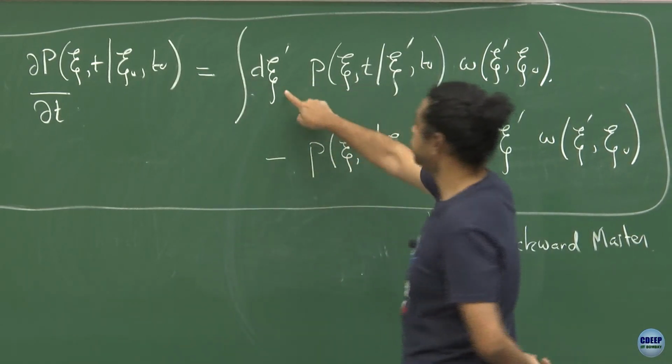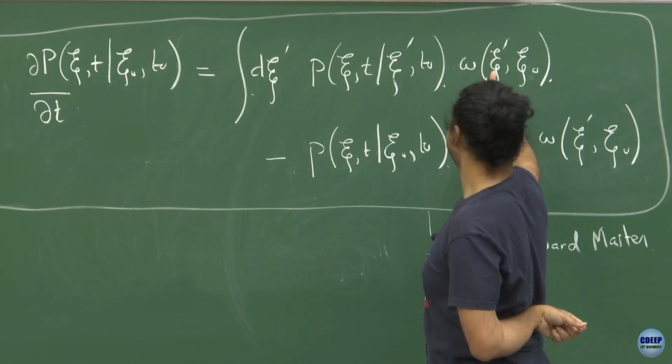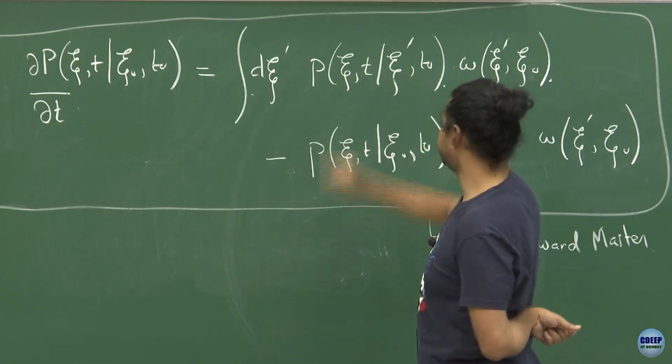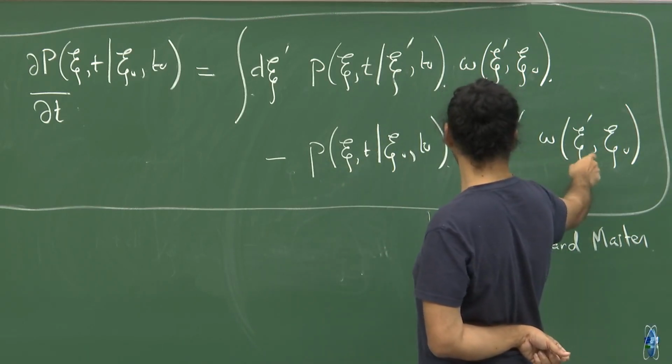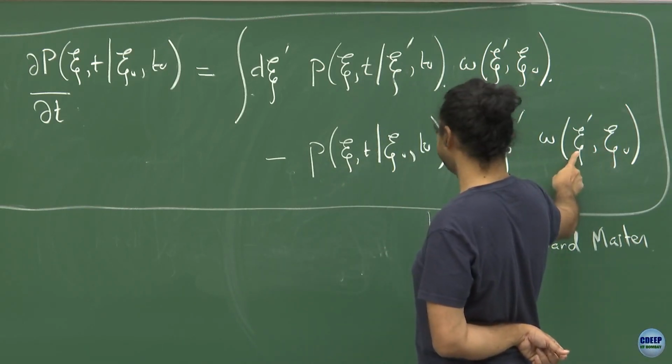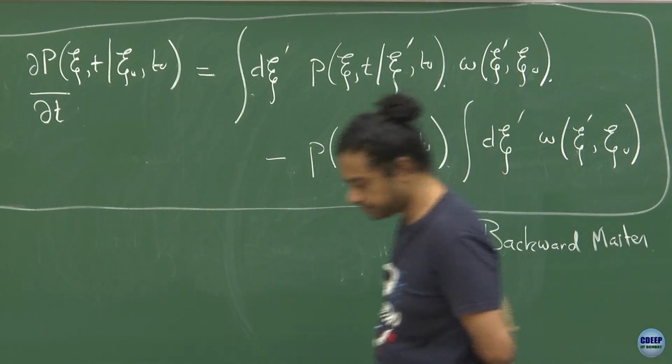Right, so you're integrating out over all intermediate states, psi naught to psi prime in the first step, and then from psi prime to the final state. And this term corresponds to the probability that you had not transitioned out of this initial state, and therefore you go from the initial state to the final state in that time. Okay.